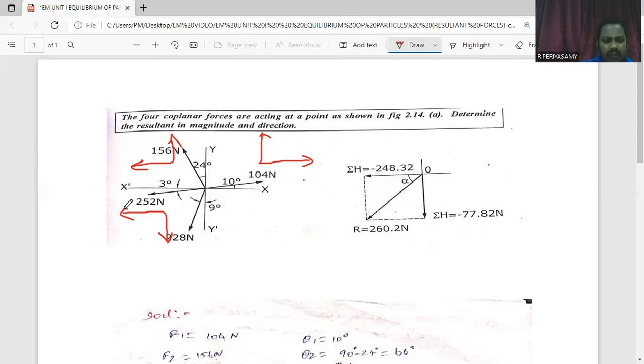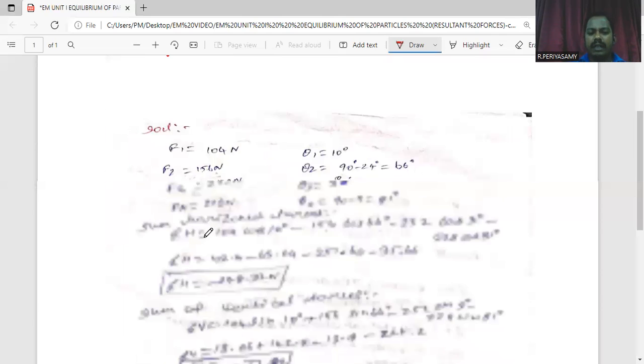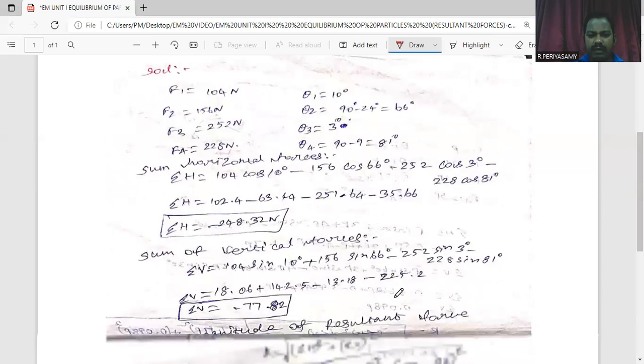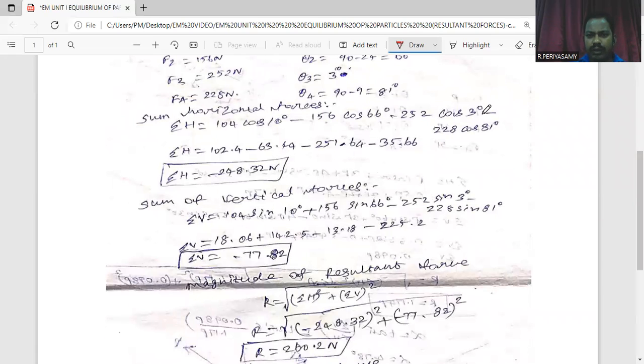Its direction is leftward, so it is considered a negative sign: minus 252 cos 3 degree. Downward direction means its vertical component is minus 252 sin 3 degree. Now we consider only the horizontal component, so minus 252 cos 3 degree.